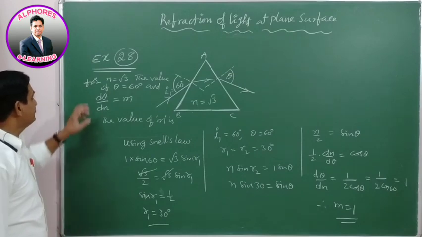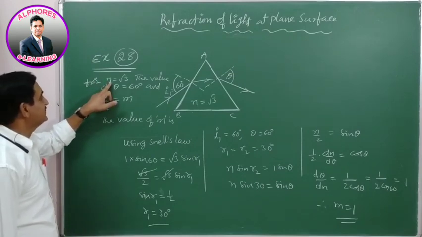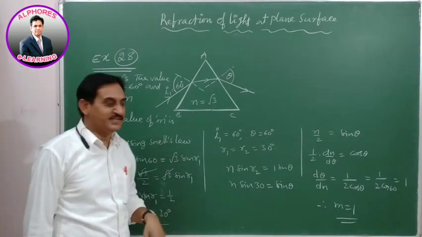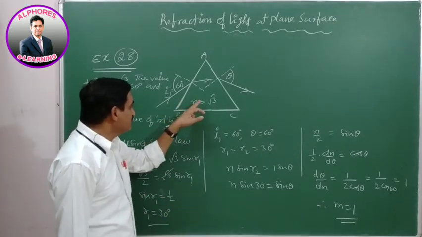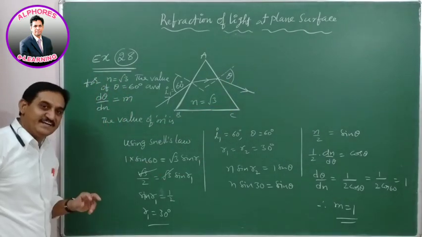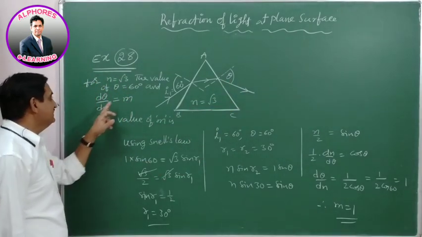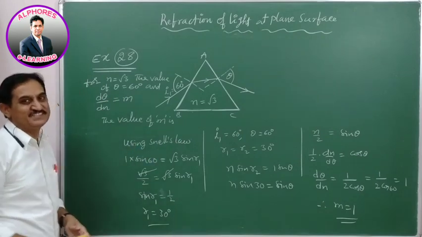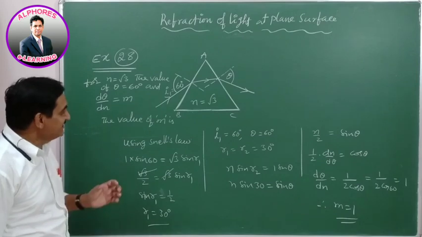The condition given is that for refractive index n equal to root 3, the value of theta is 60 degrees, and d theta by dn is equal to m. Then the value of m is, this is the question, right?